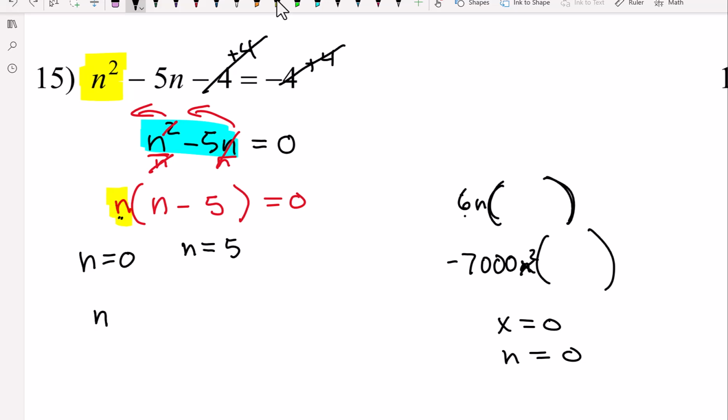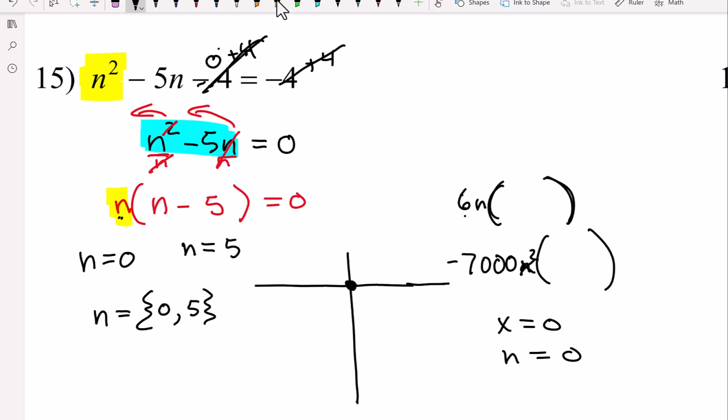So now we have our list of solutions. And we know it's going to cross at 0 because negative 4 plus 4 is 0. So that happens to be one of our solutions. And let's call this 5.